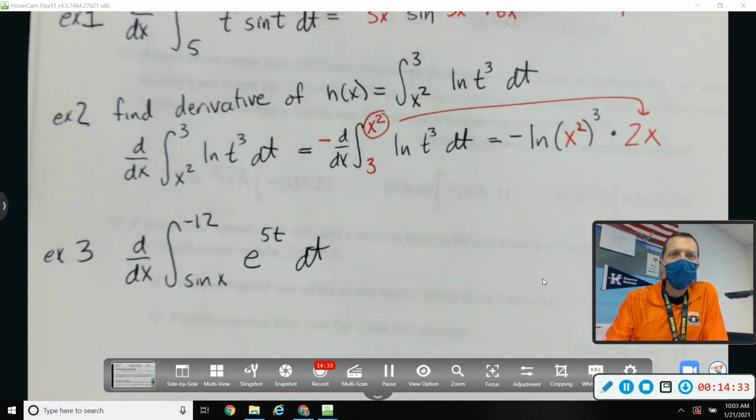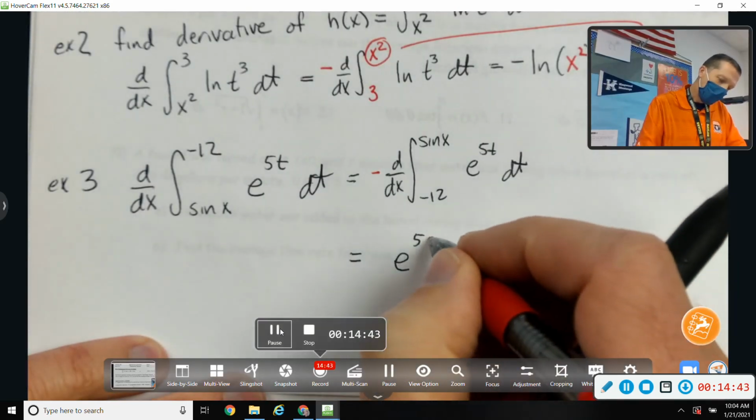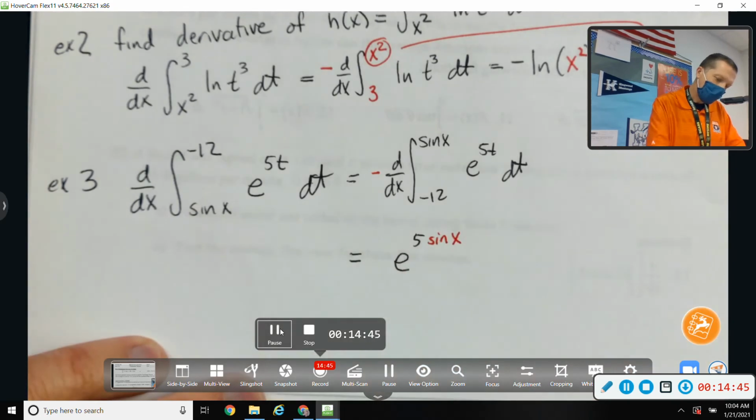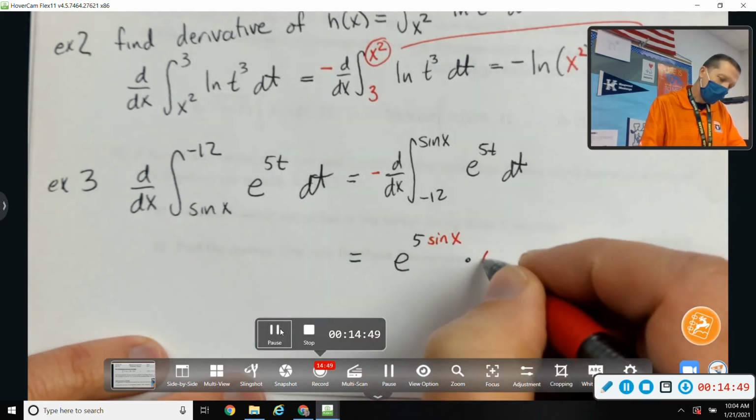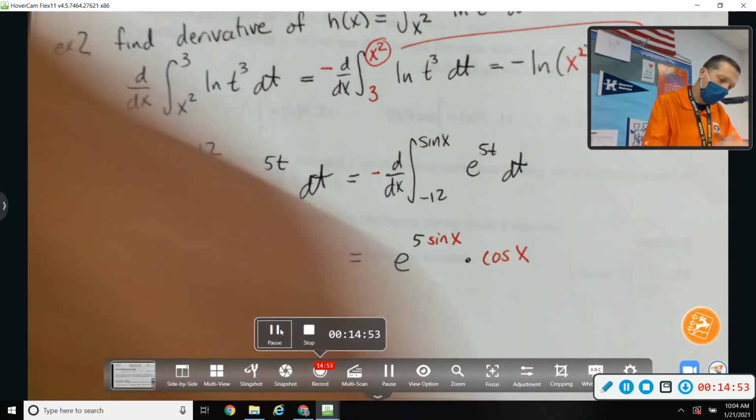Again, that looks crazy the first time you see it, but we now know the secrets of these problems. So try that one and then we'll go over it. So e to the 5 sine x times the derivative of sine x, which is cosine x. Whoops, left off the negative sign.